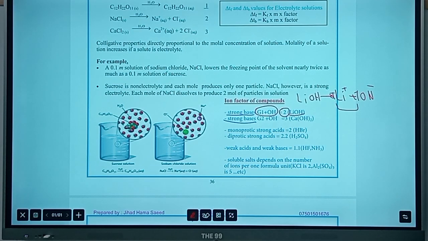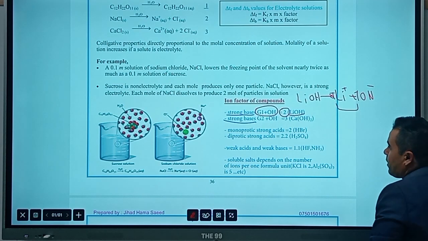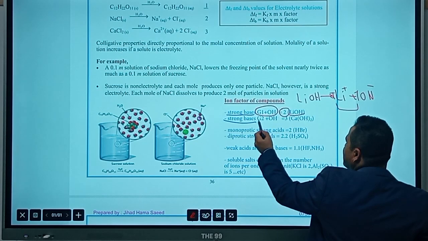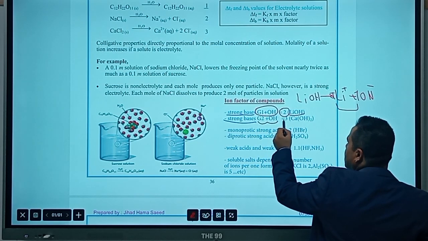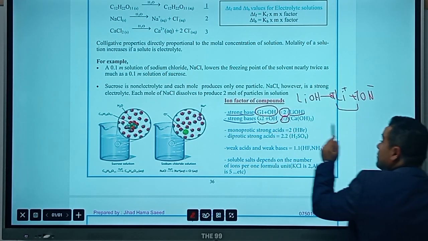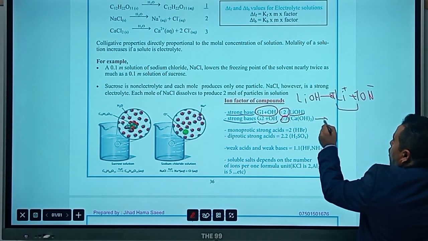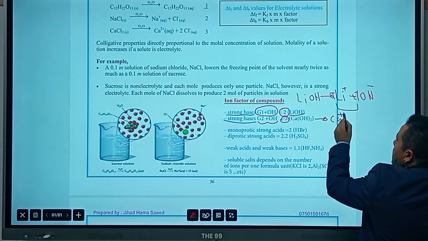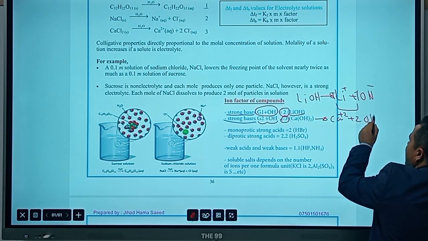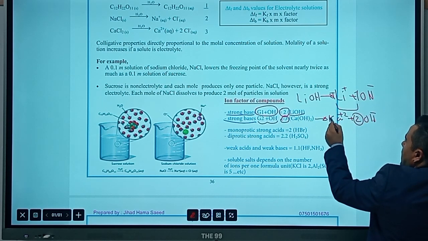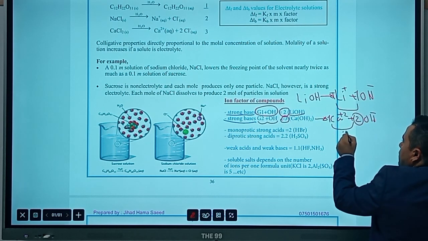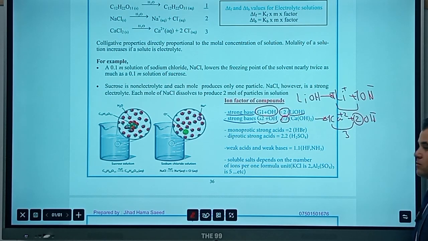It completely dissociates to form 2 particles. Second, the strong bases of group 2 plus hydroxide have an ion factor of 3. Like Ca(OH)2 will produce Ca2+ plus 2 hydroxides. 1 plus 2 results in an ion factor of 3.